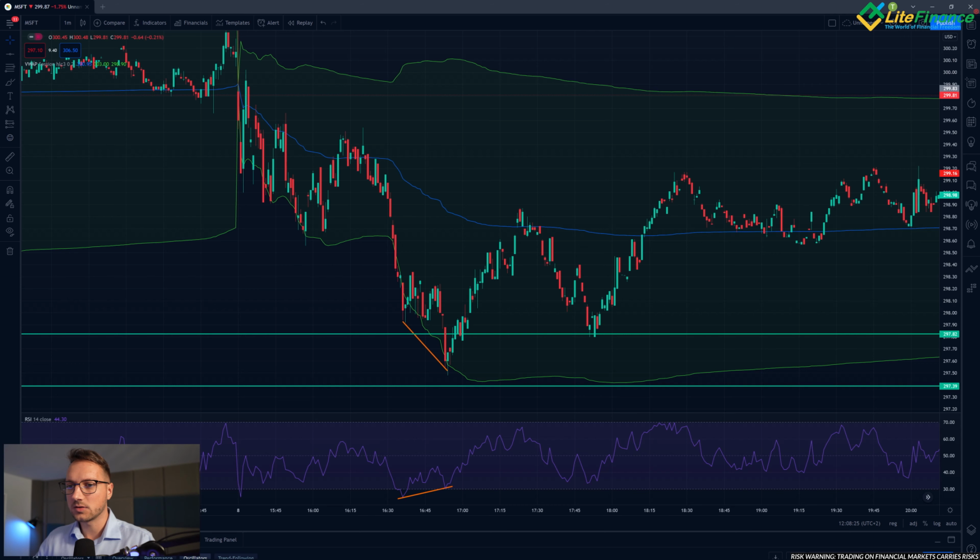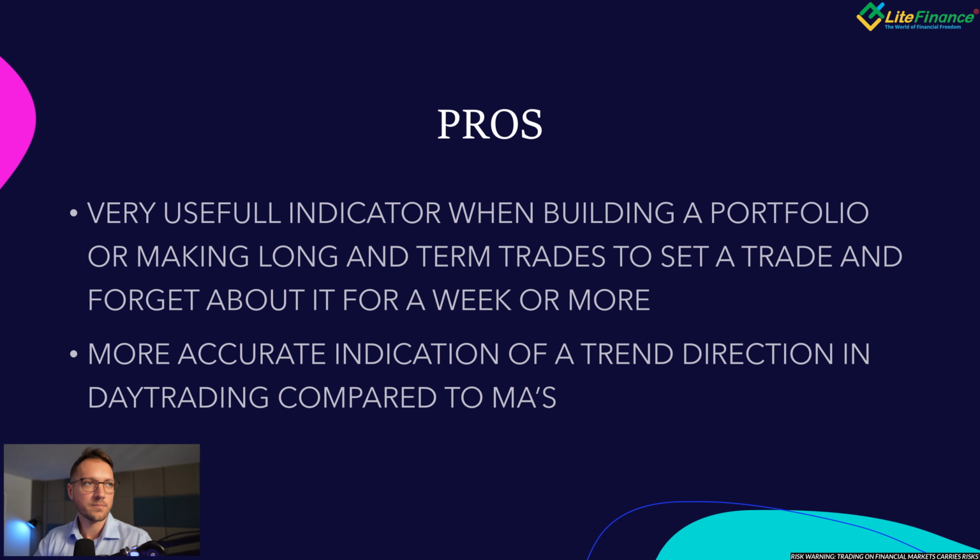Maybe let's go back to our presentation. So let's summarize it. What are the pros of this indicator? So basically, and this is the way I am most often using the VWAP, is while building a long-term portfolio and for determining the entries for mid-term trades when I am looking for entry for a week or a couple of weeks or even a month.